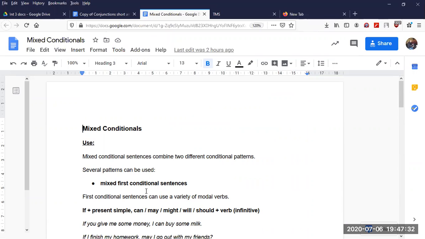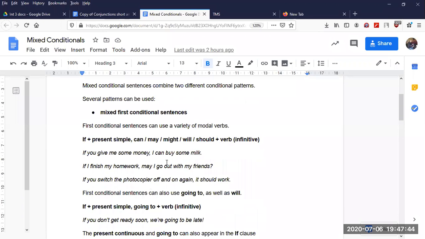Remember, the first conditional is an if. If something happens, something else will happen in the future. And we can also use different modals. Can, may, and might. But we usually use it with will.